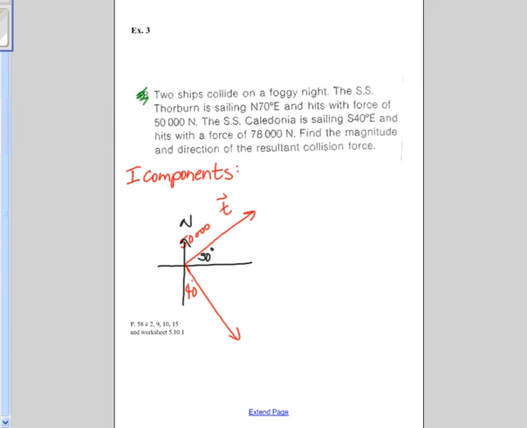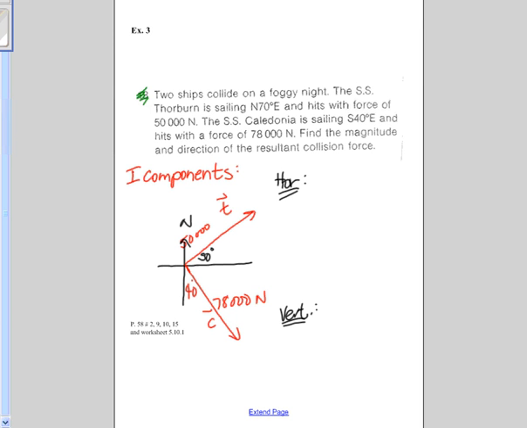And this one is 78,000 newtons, and that is the Caledonia. Okay. So that gave me an idea of what's going on. If I want to find my components so that I can use right-angled trig to solve this problem, I want to know the horizontal components and the vertical components so I can put them together.